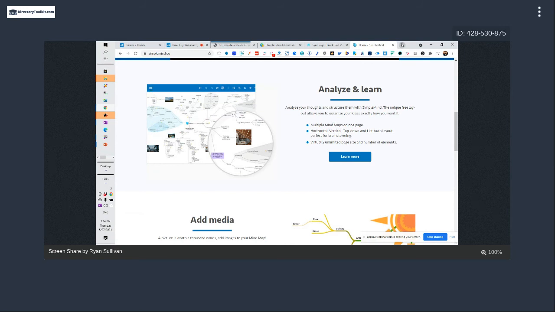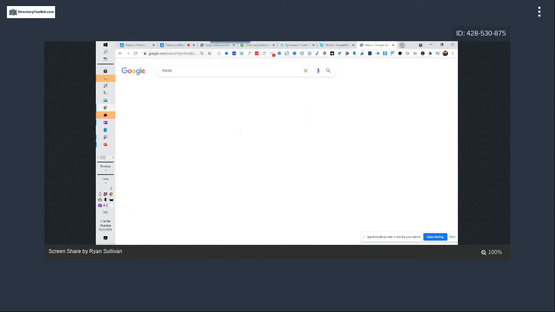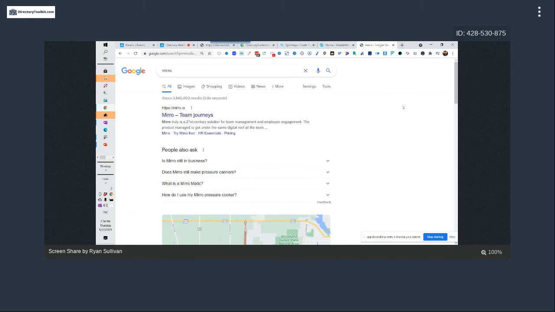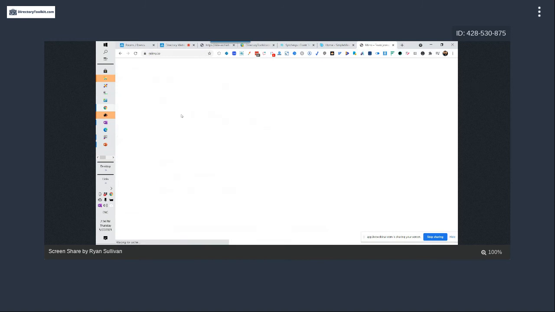This one comes to mind as well. This is one I have. I think it's Miro. And I've got a lot of solutions in my brain. This may not have been the correct one, but let me go see. This one allows you to, I think, put almost like sticky notes in space.